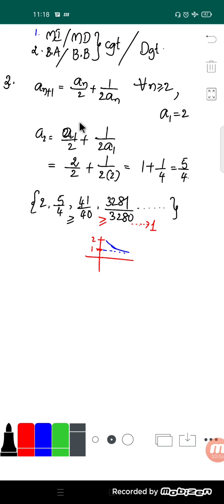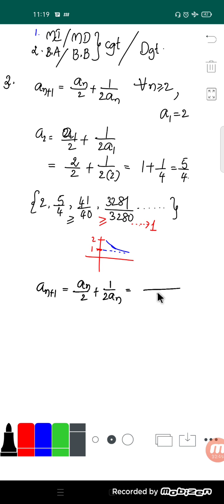First, we show that this sequence is bounded below. So the general term given, an plus 1, is nothing but an by 2 plus 1 by 2 into an.